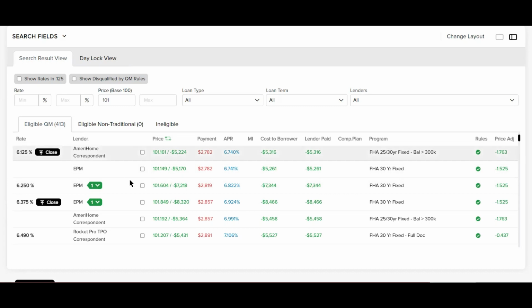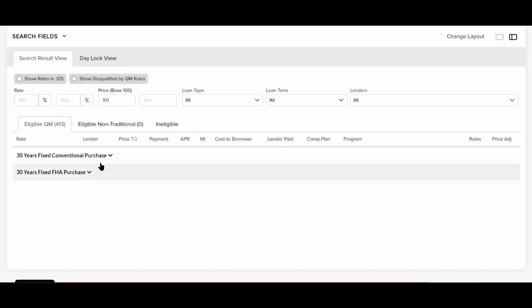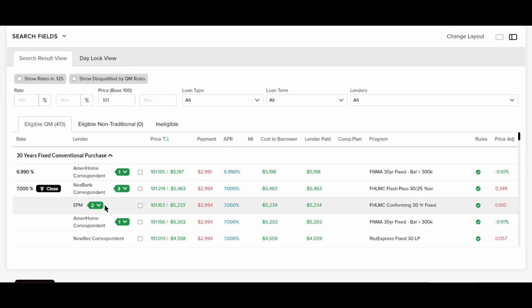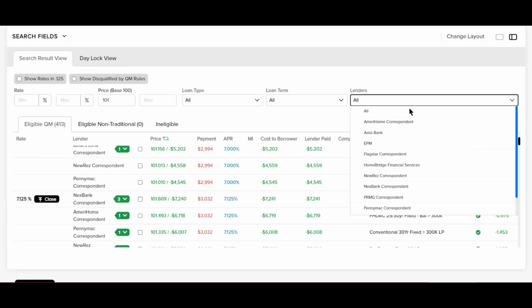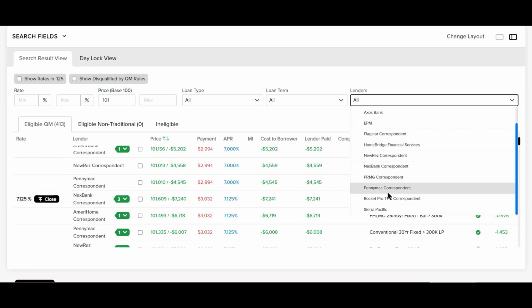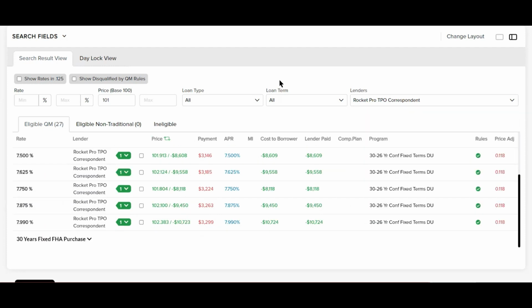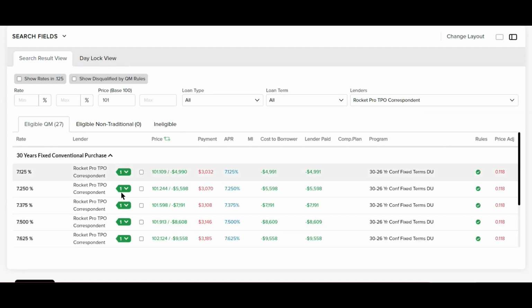On this conventional one, again at 7.125, I would probably be going to Rocket on the conventional side of things. So I'd say, hey, just give me the Rocket rates, okay?